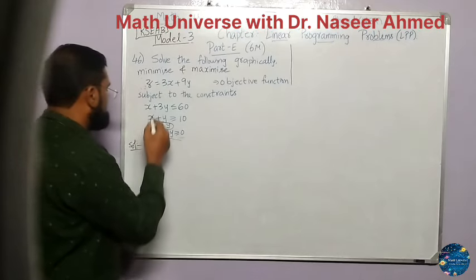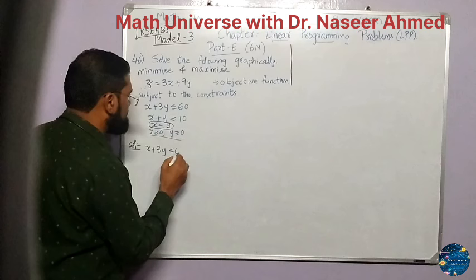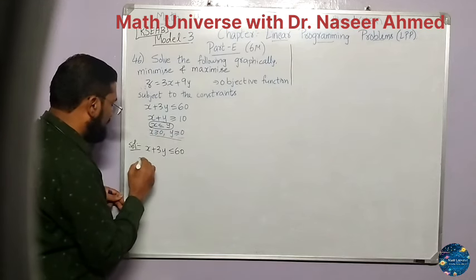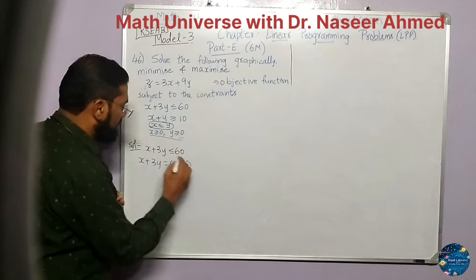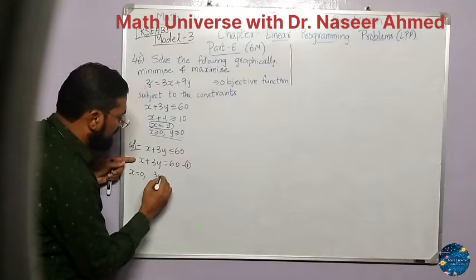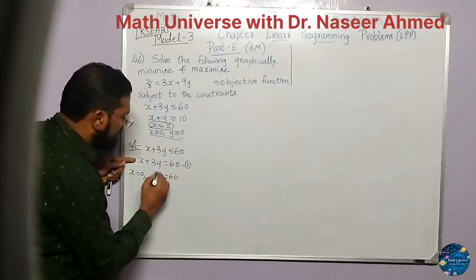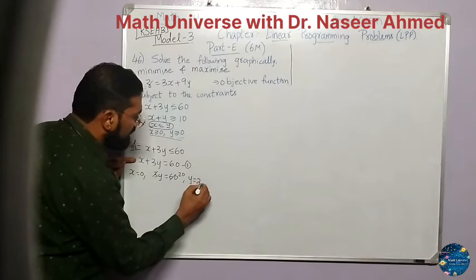Now again let us go with the same. So first I will take x plus 3y less or equal to 60. I am taking the equation x plus 3y is equal to 60. So equation number 1. When x is equal to 0, I get 3y is equal to 60. 3 20s are 60. So y is equal to 20.